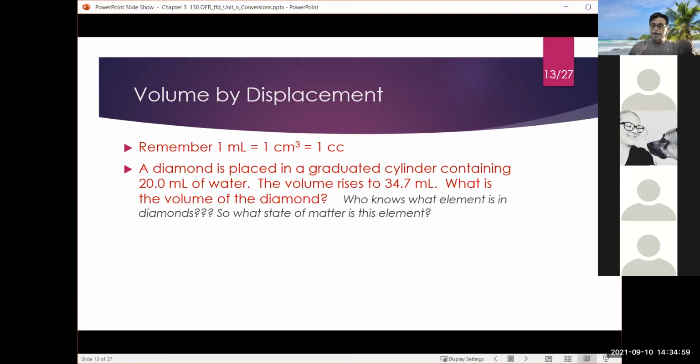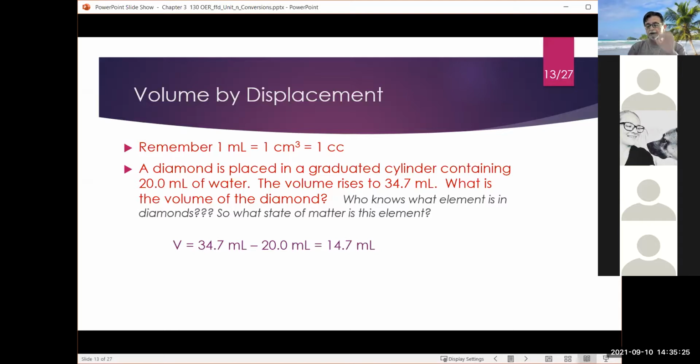The volume of the diamond is the volume that you measured minus the volume that it was to begin with. The volume of that diamond is not 34.7 milliliters. That's the total volume, the 20 milliliters plus the volume of the diamond.